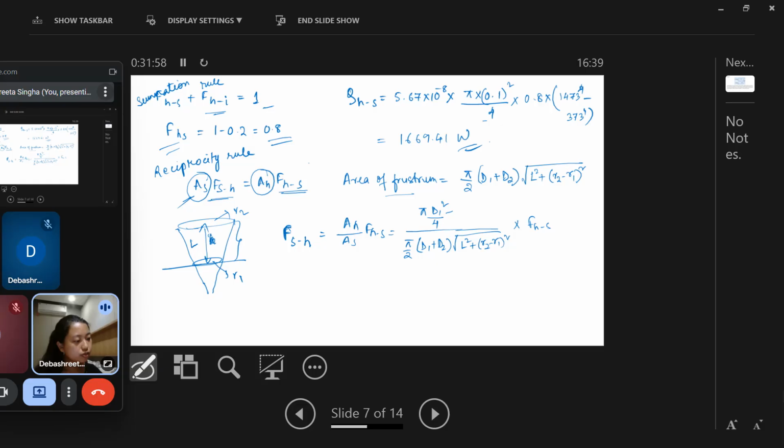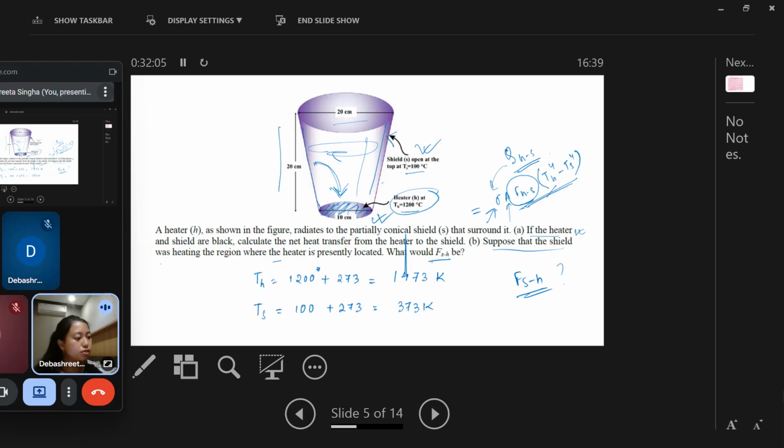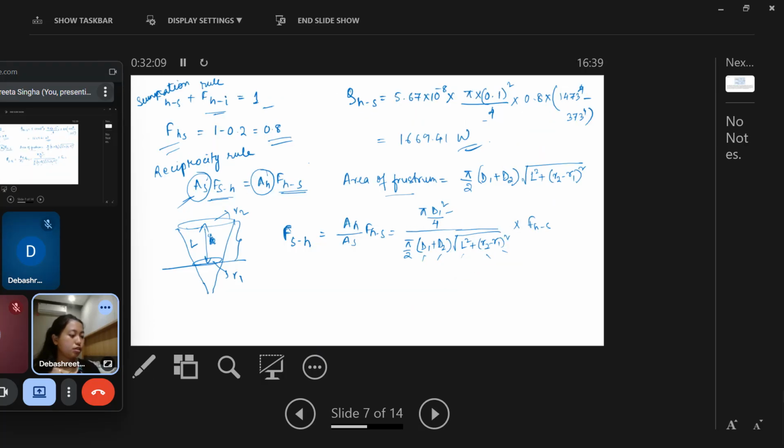We know D1, we know D2, we know R1, R2, and L is also given. L is the height, that means 20 centimeter. If we substitute all this, we will get around 0.06.